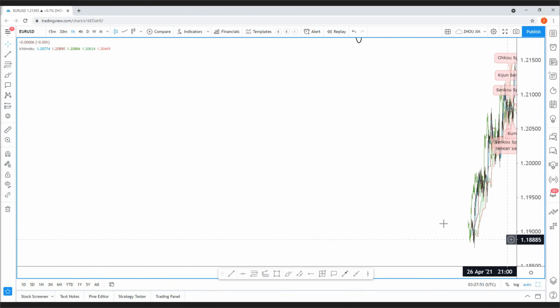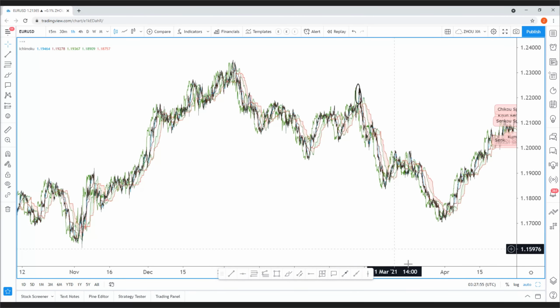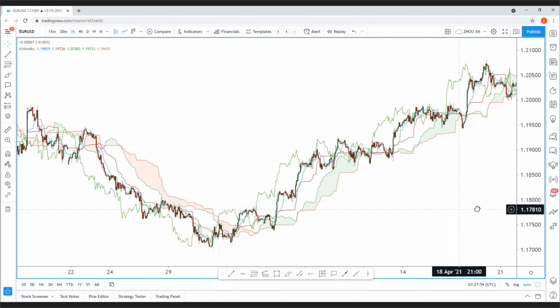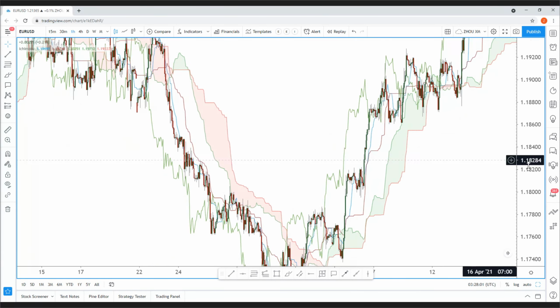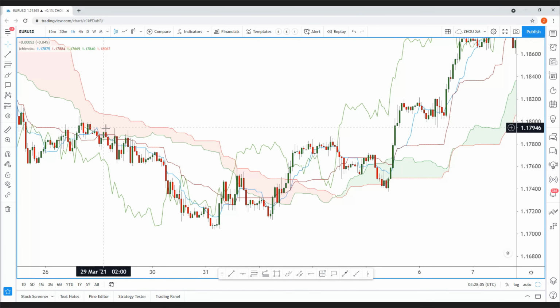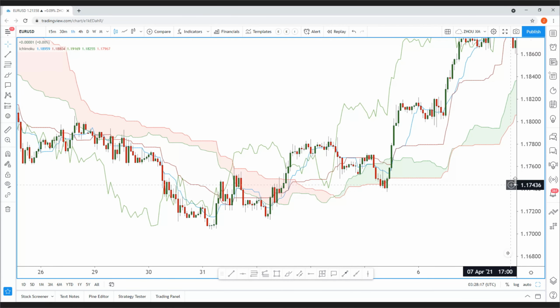Let me find a downtrend. If I zoom in to our Tenkan Sen here, the Tenkan Sen is above our prices. Remember, the Tenkan Sen is the blue line. If the Tenkan Sen is above the prices, it shows a general downtrend.